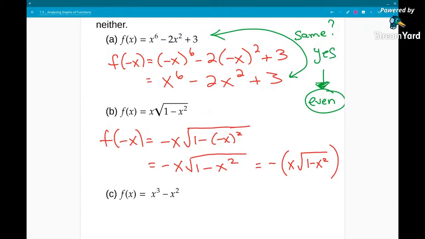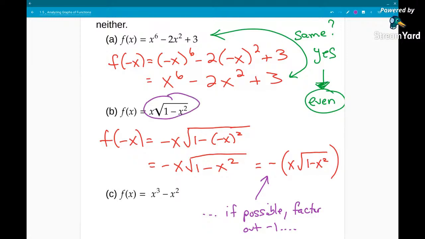If possible. There are going to be times when you can't factor out a negative 1, but if you can, do it, and I'll explain why. It just helps you to see, look, this expression and this expression are identical.